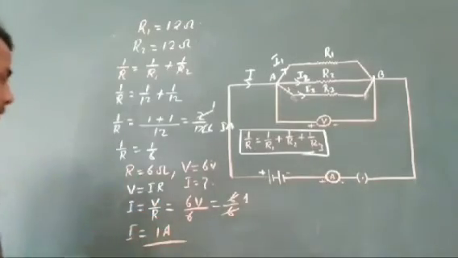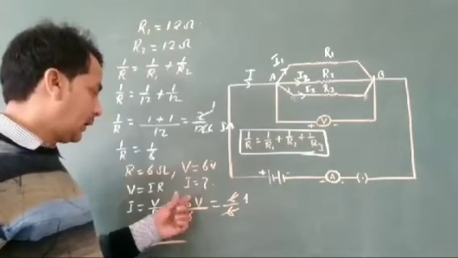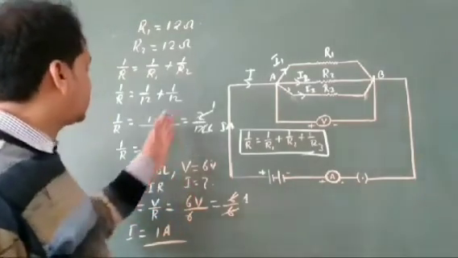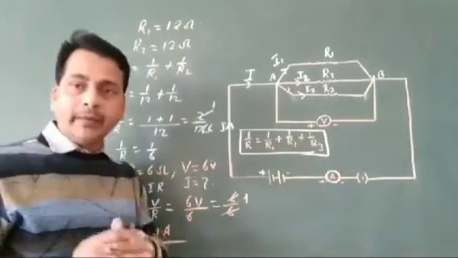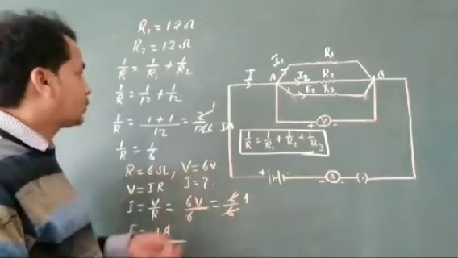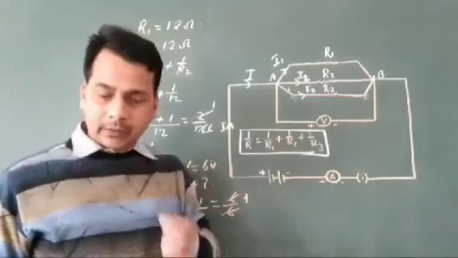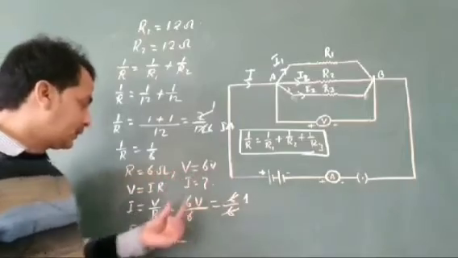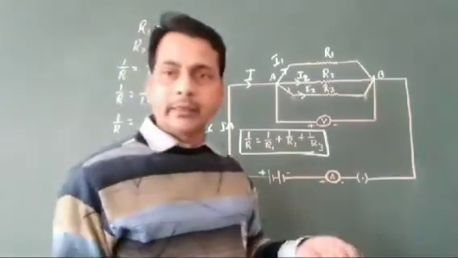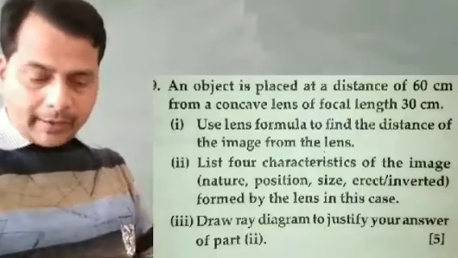The potential difference is given as 6 volt, and the equivalent resistance here is 6 ohm, because there are two resistors combined in parallel. From Ohm's law, the electric current I equal to 1 ampere.